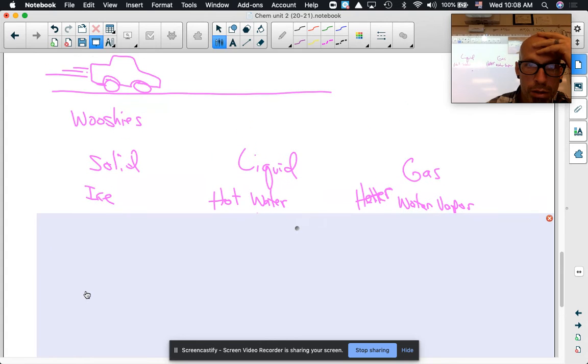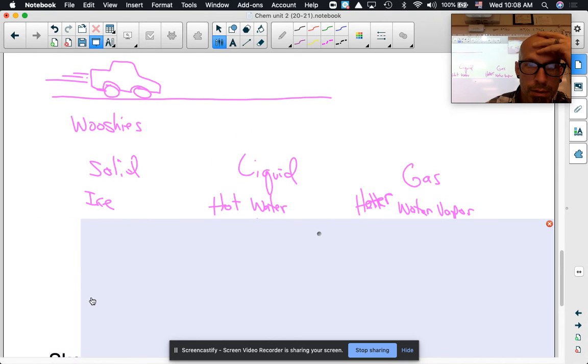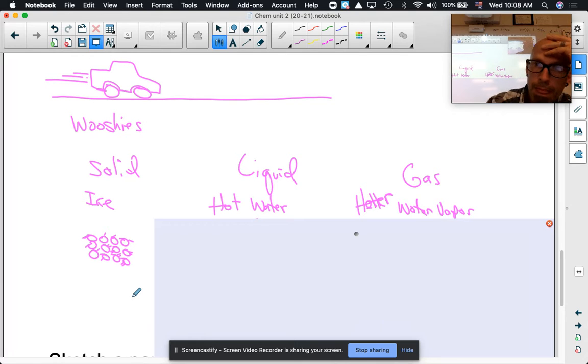There we go. This is how I drew the particles. They're in a structure, in an arranged pattern, like the way solid particles are. And look at the tiny little whooshies, tiny little lines of motion, one or two on each particle. They're not moving very fast because this is cold.